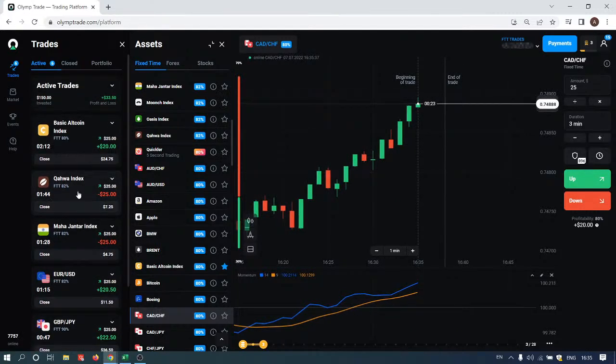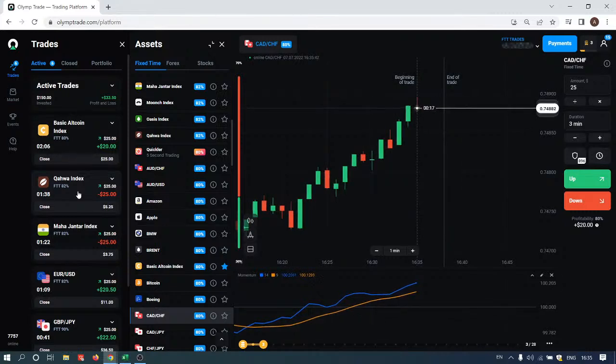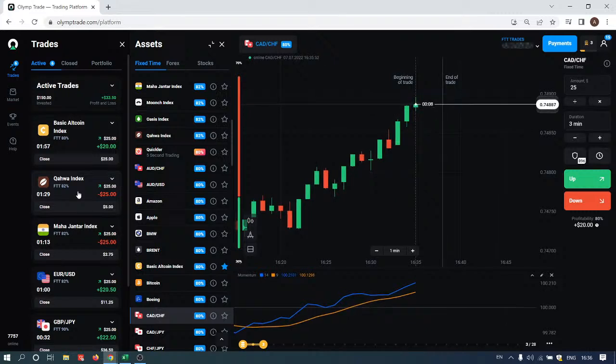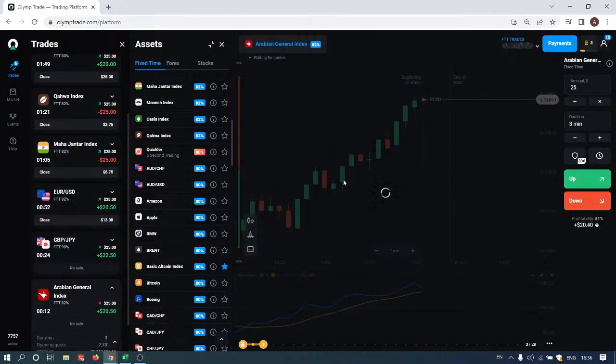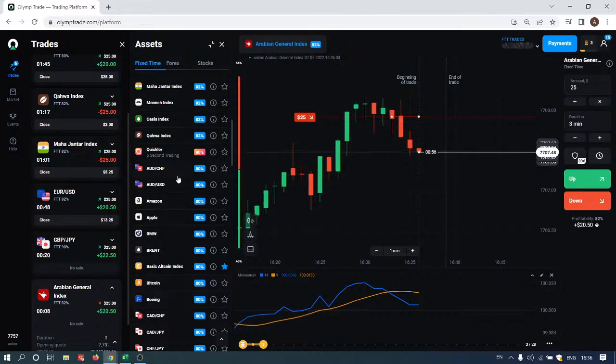I have 6 trades simultaneously. 13 seconds to go.